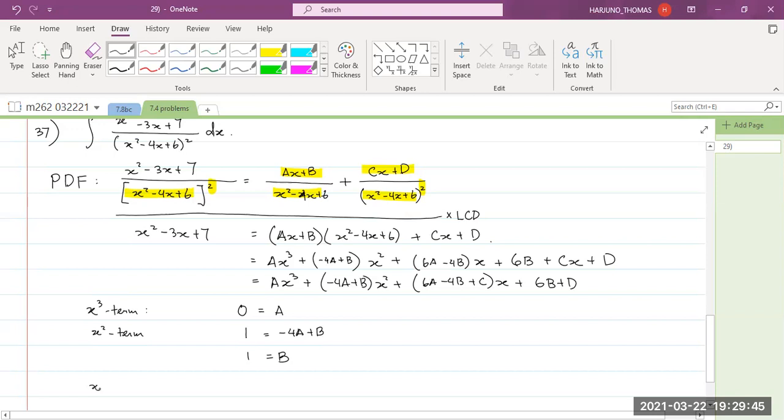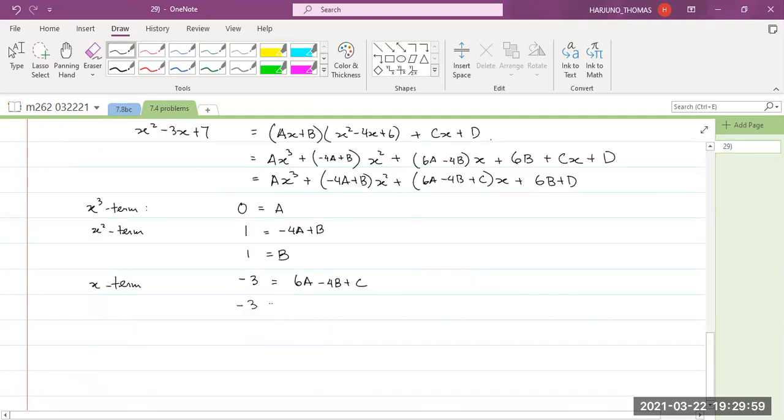Now for the x term, the coefficient on the left hand side is 3, on the right hand side is 6a minus 4b plus c. The a is 0, the b is 1, so c equals positive 1. And then for the constant term, positive 7 on the left hand side equals 6b plus d. b equals 1, so d also equals 1.